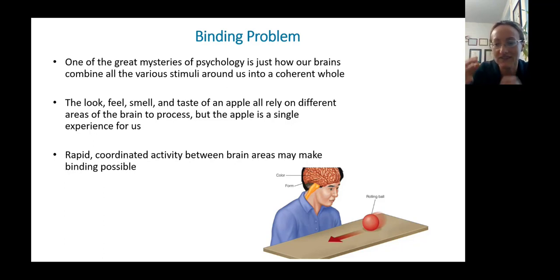Let's say you're seeing an apple and it has a look, there's color, it's shiny, there's a texture to it, there's a smell, it has taste, and those all rely on different sensory modalities and processing in different parts of the brain, but somehow you perceive that as a whole. How does that happen? We don't know that yet. Maybe it's something about rapid coordinated activity in brain areas. Maybe it's something to do with your association cortices, which make up a lot of your cortex.